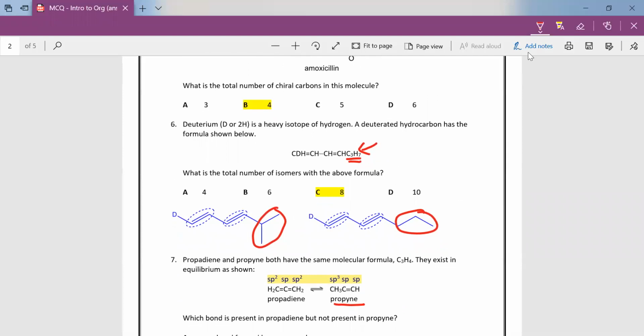Most of the students get this question wrong because they didn't take note of the C3H7, which can be a straight or a branched chain. They only realize that there's 2 cis-trans, so they thought that's 2 to the power 2, 4, so the answer will be A. But they don't realize that there's another two isomers that could be formed, straight and branched chain.